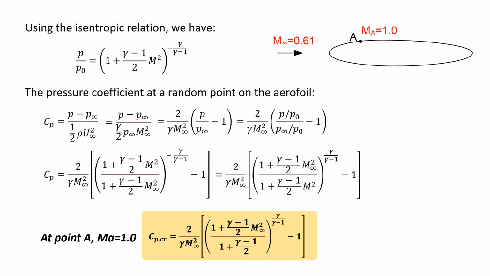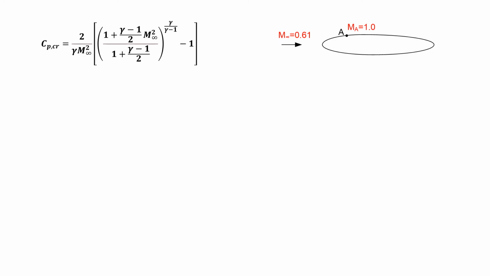Okay, so how can we use this CP critical to estimate the critical Mach number? I'm copying the relation here, and also this figure.